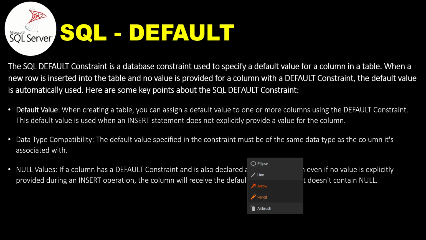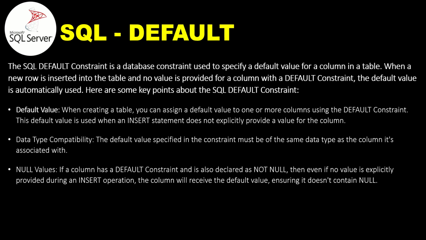As written in the definition, the SQL constraint in a database lets you specify a default value for a column in a table. When a new row is inserted into the table and no value is provided for a column with a default constraint, the default value is automatically used.